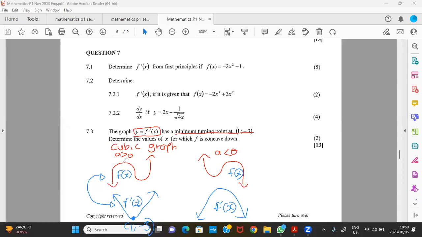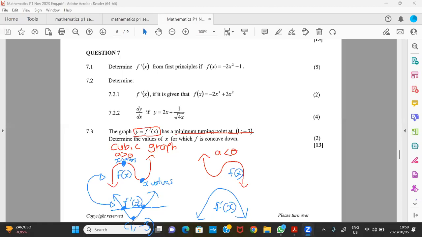In my original graph, the turning points are going to be my x-intercepts on the derivative, so the x values of my turning points are the intercepts.